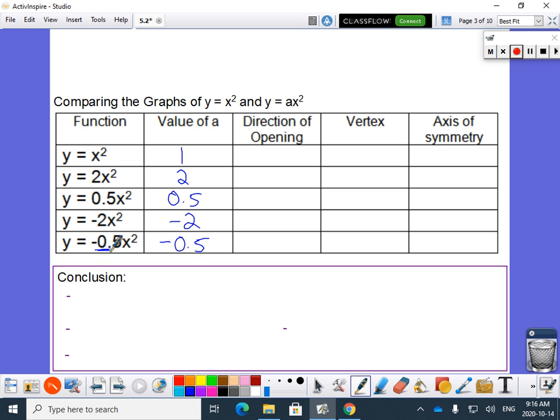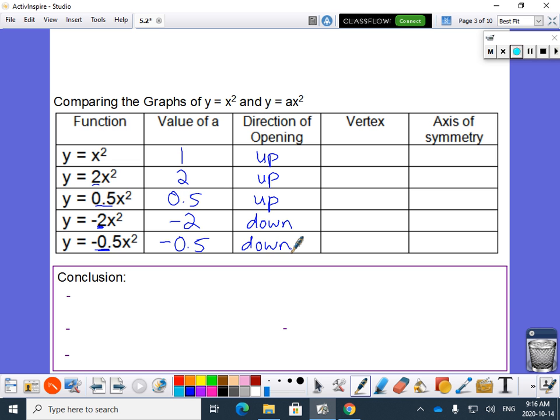This is our a value, right? Direction of opening. Well, what do we look to for that? The sign, right? So this first guy is going to open up or down? Up, because it's positive. This guy will be down.